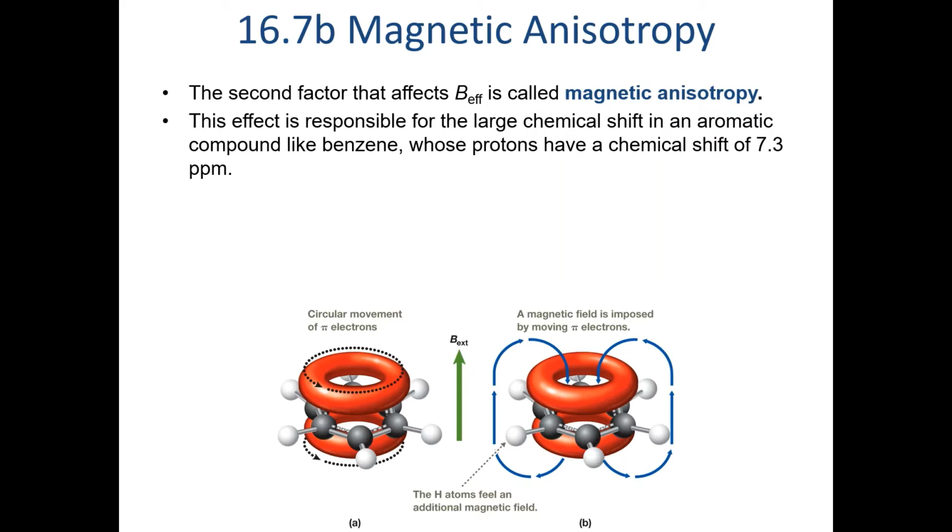And that allows us to have a much larger current responding to the magnetic field. When we have that current, the opposing part is actually in the center of that ring, which we can see in the diagram on the bottom right. And the part that actually is increasing the magnetic field is right where the hydrogens are. So the hydrogens are feeling more external magnetic field because they're having that magnetic field amplified by the ring current.